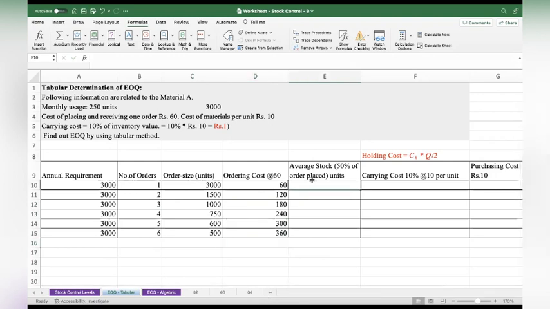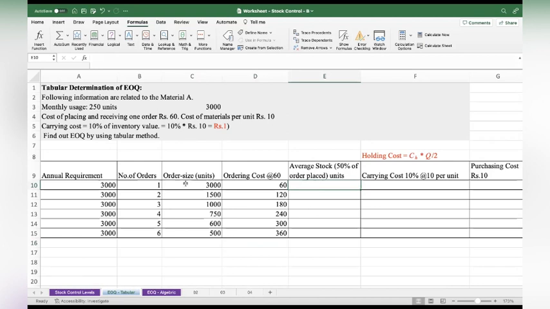Then next, average stock units. Now we need to know how many units will be there on average. 50% of the order placed.